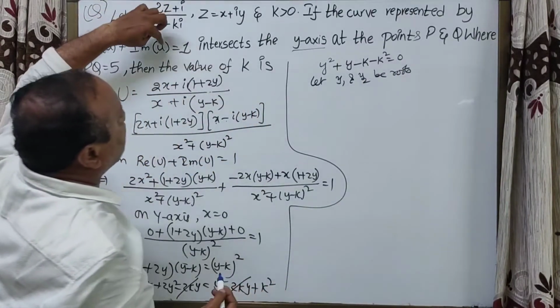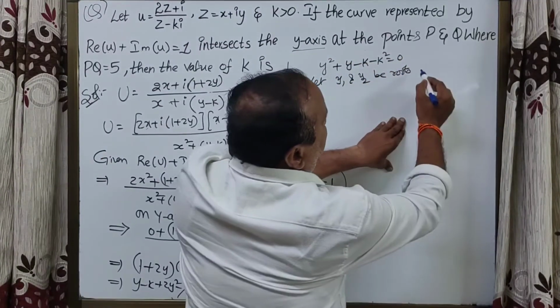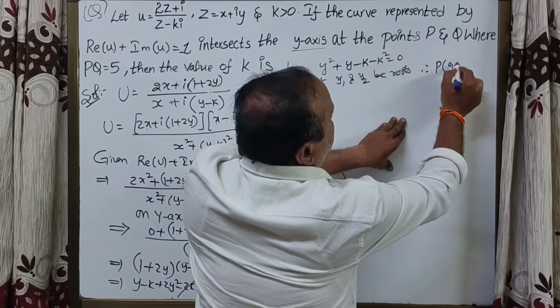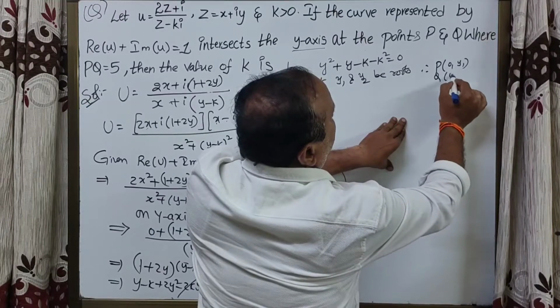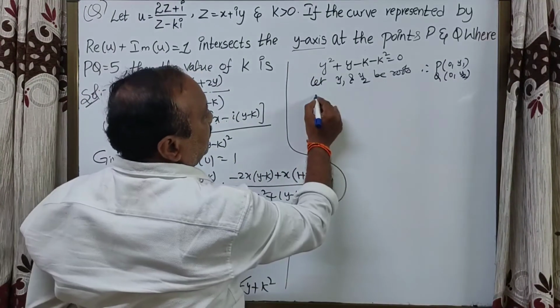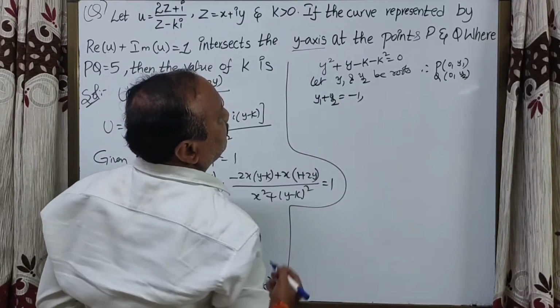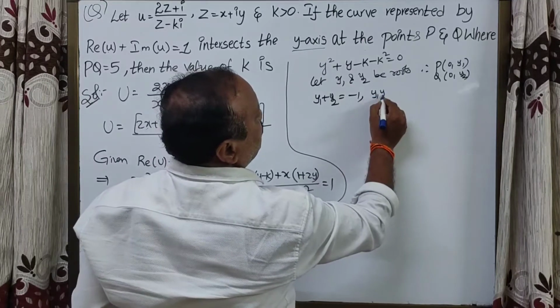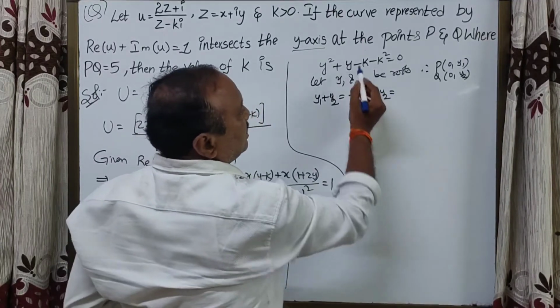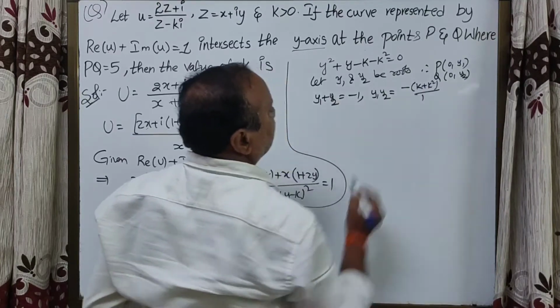Since this curve and this y-axis intersect at points P and Q, therefore P becomes (0, y1), Q becomes (0, y2). Tell me, sum of the roots y1 + y2 equal to −b by a. Product of the roots y1 into y2 equal to c by a, that is (−k + k square) by 1.